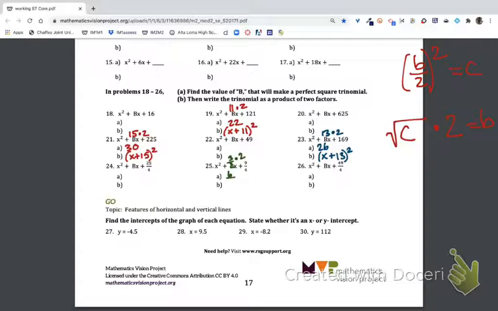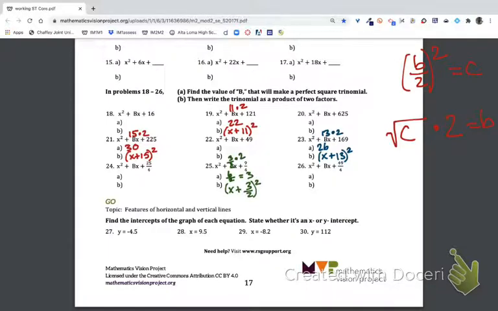So 6 over 2 would be that value there. You could put it as 3 as well. I'm going to leave it unsimplified there just to see, but I also want to have it equal to 3. 6 divided by 2 should not be hard to simplify. So down below, x plus, what's that? Yep, 3 over 2 all squared.